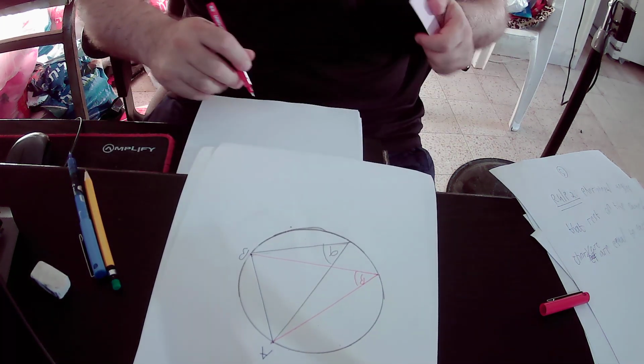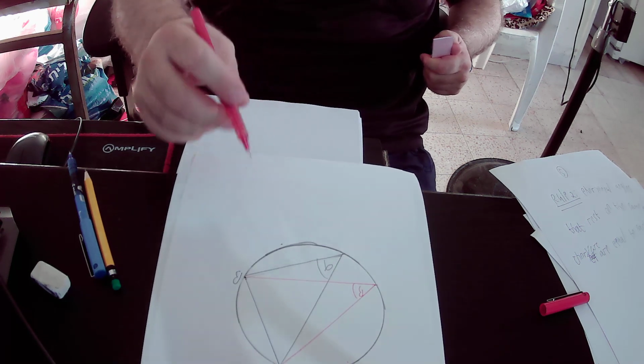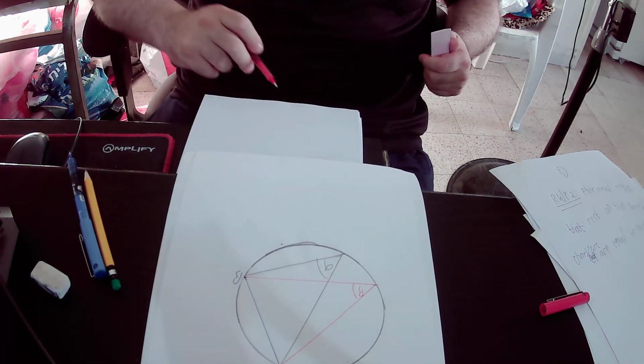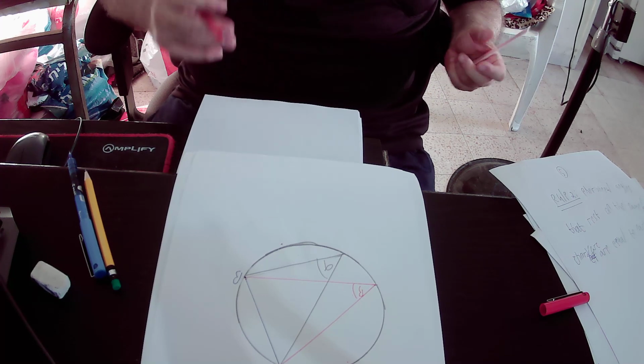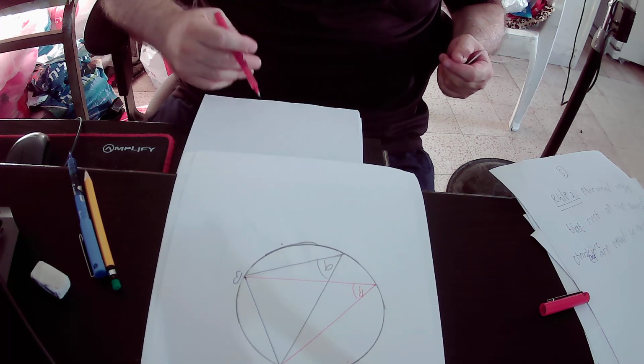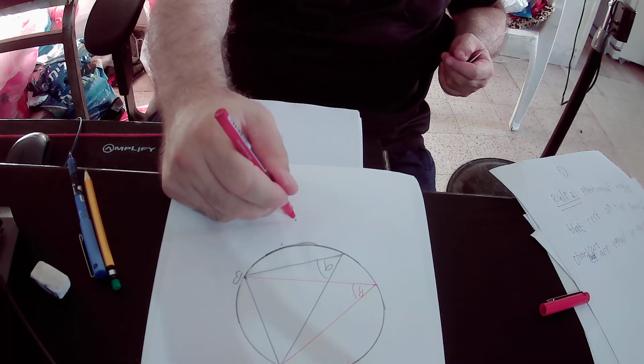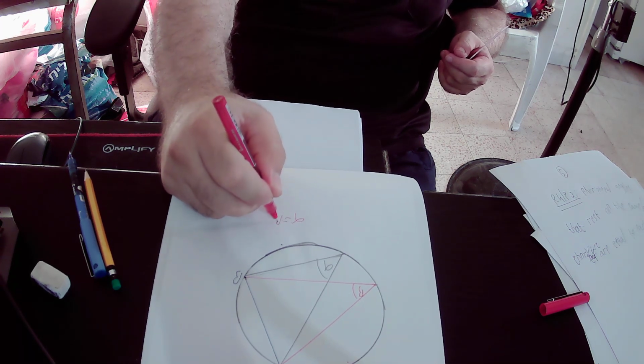Angle beta also rests on the same chord AB. According to rule number 2, alpha equals beta.